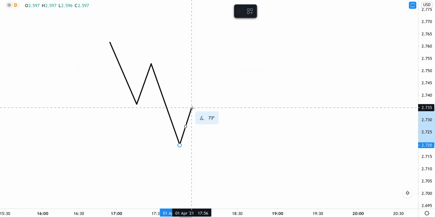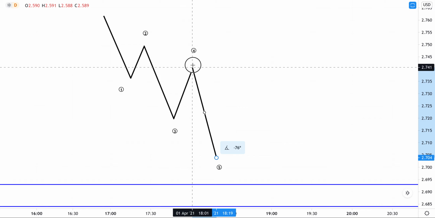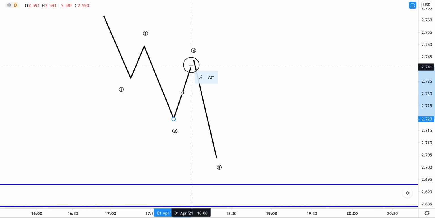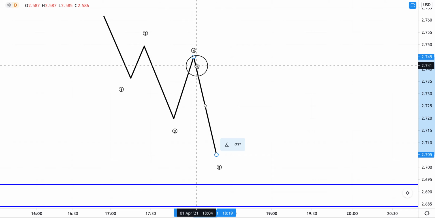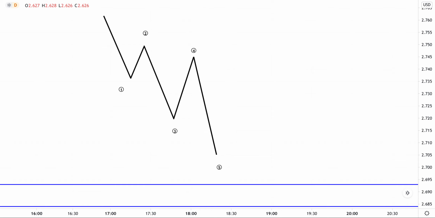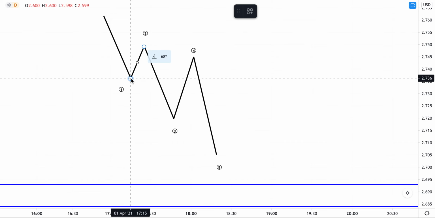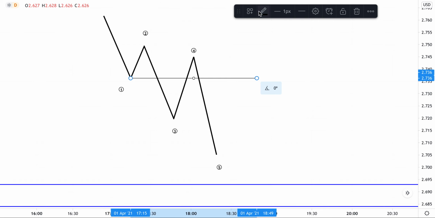Ending diagonals often indicate the end of the trend, while leading diagonals often indicate the beginning of trends. So this is how you identify the compression or ending diagonal.